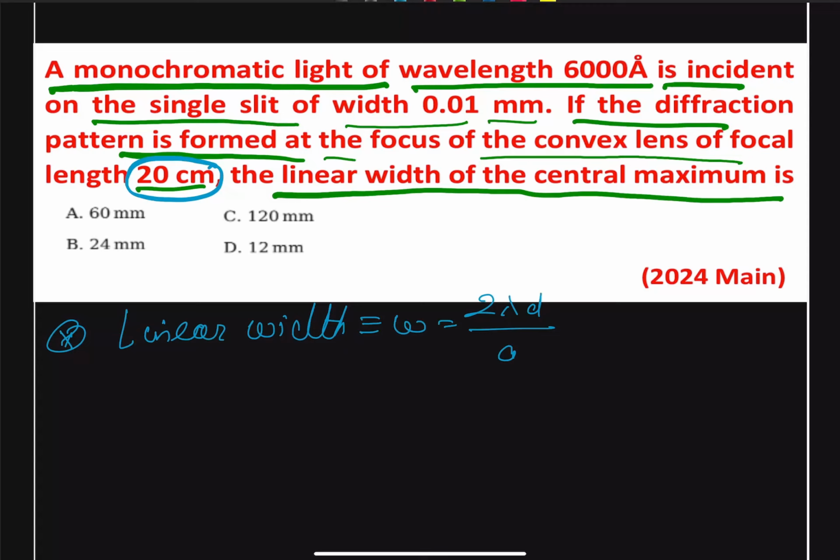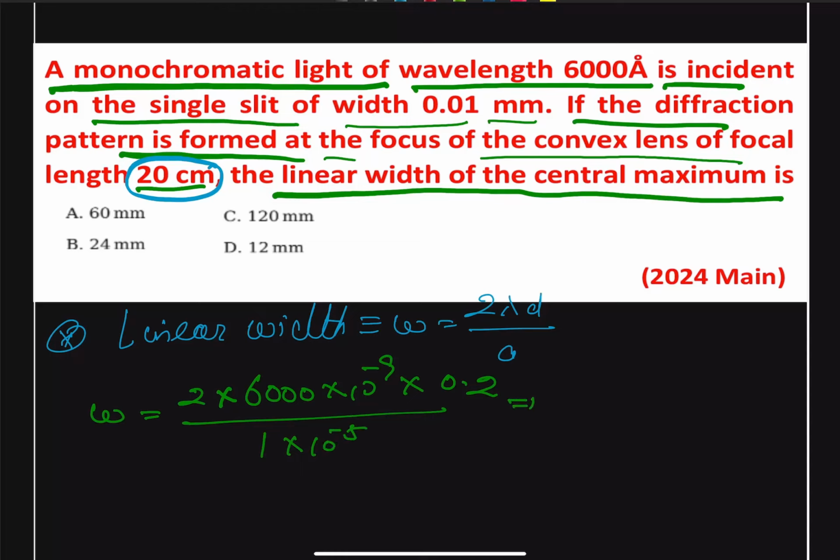W will be equal to 2 into lambda, which is 6000 into 10 to the power -9, and D is given to us as 20 centimeter, this comes as 0.2, and A is given to us as 0.01 millimeter, so this becomes 1 into 10 to the power -5.